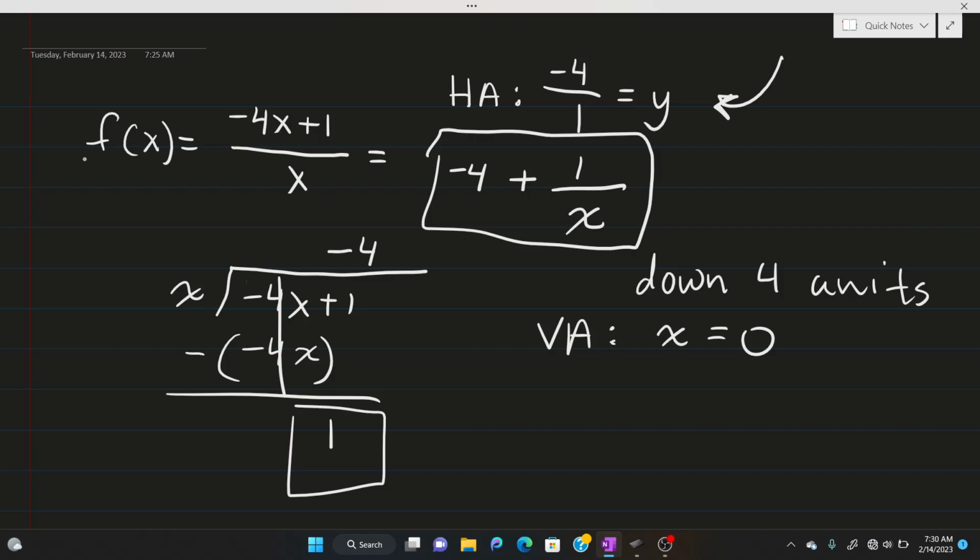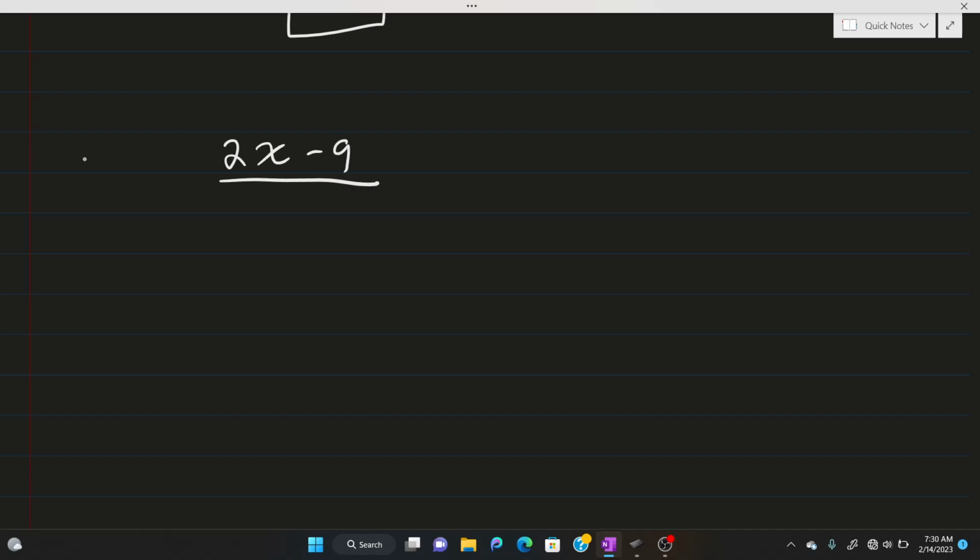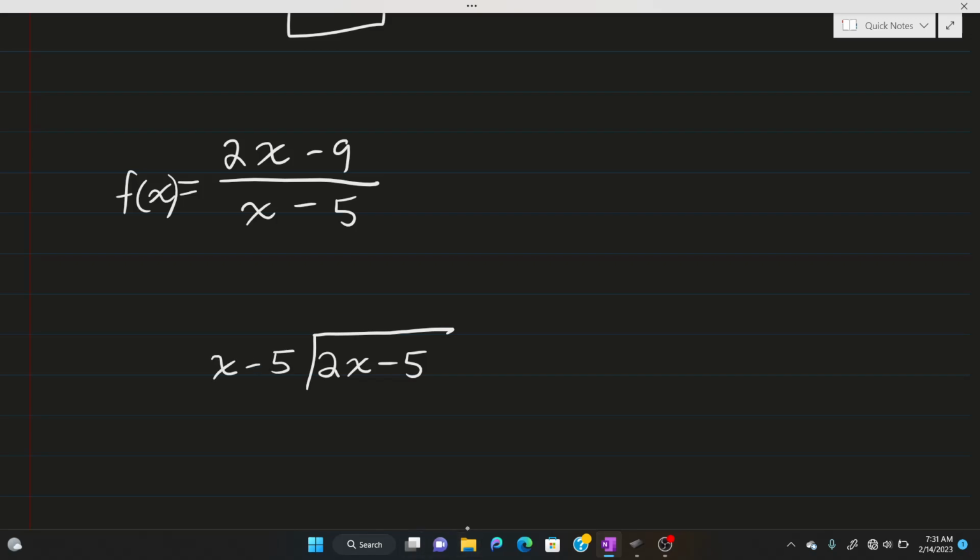Let's go ahead and do another problem here. So now I'm looking at number 8 from the homework, which is 2x minus 9 divided by x minus 5, and that's f of x. So now I again put the top inside, the bottom on the outside.